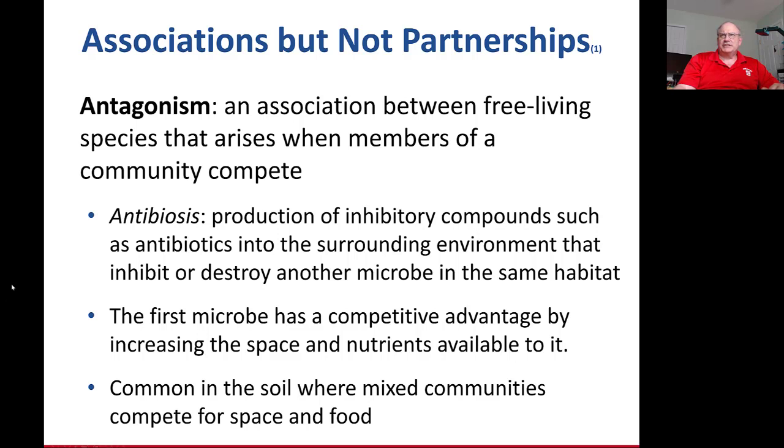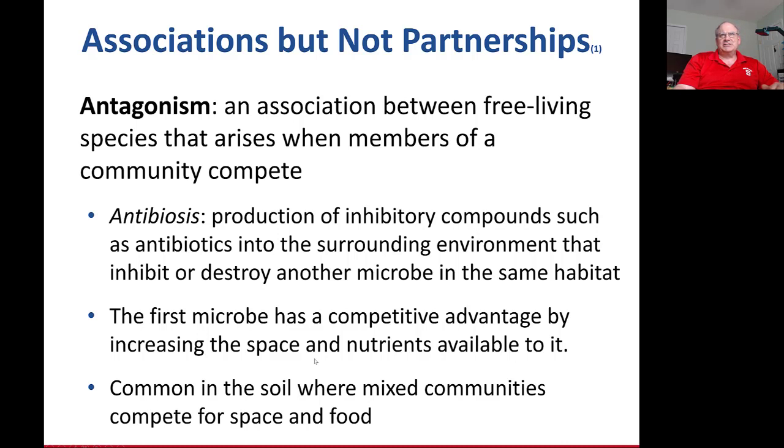Antagonism is association between free-living species that arises when members of a community compete. Antibiosis is the introduction of inhibitory compounds such as antibiotics into the surrounding environment. The first microbe has a competitive advantage by increasing the space and nutrients available to it. This is common in the soil where mixed communities compete for space and food.